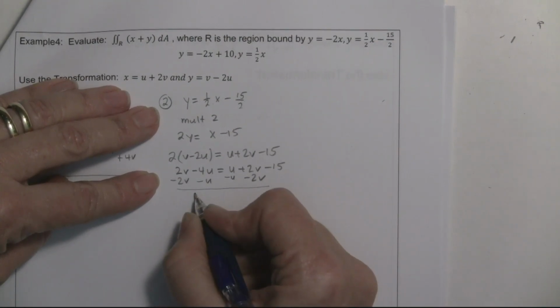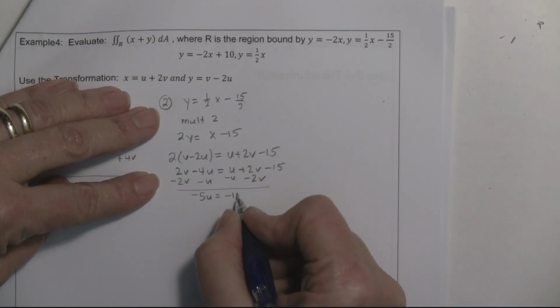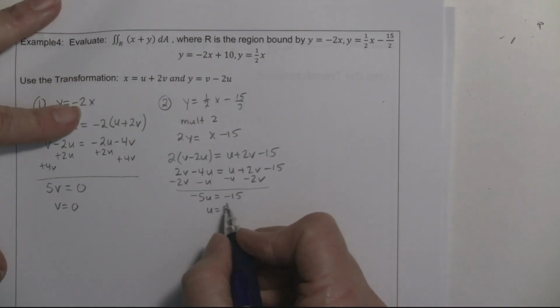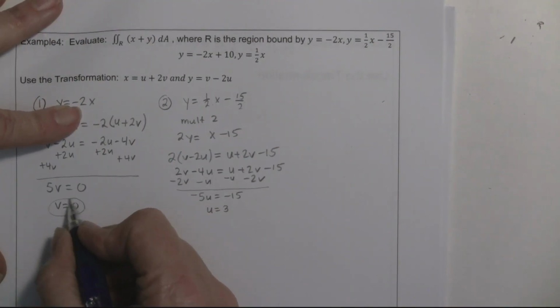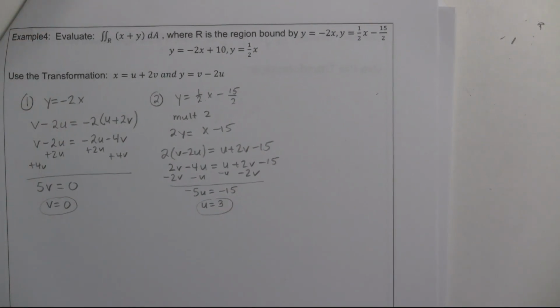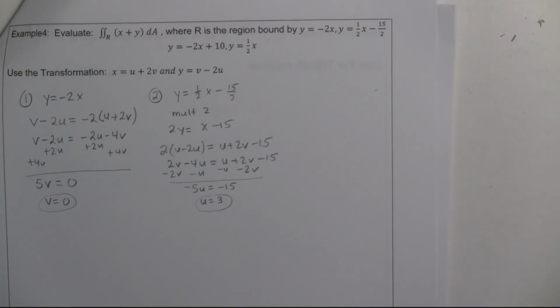So when the dust clears, I get negative 5u equals negative 15. And so that means that u equals 3. So this is what I'm now integrating over. V is 0 and u is 3 so far.